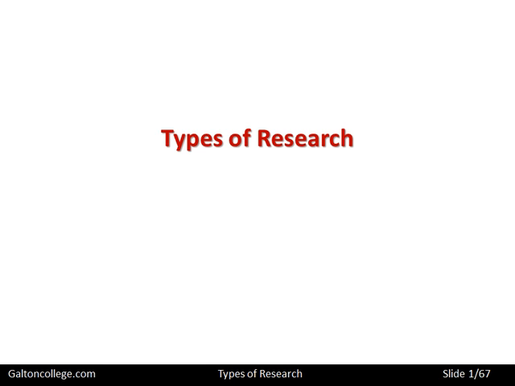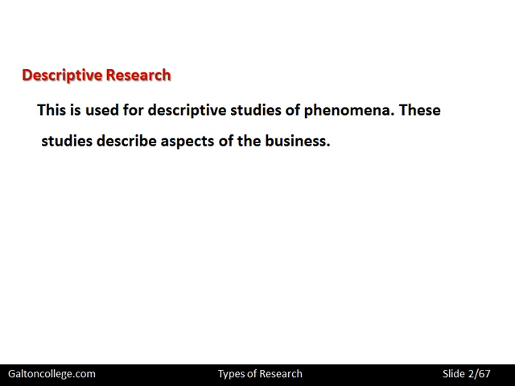So let's start by looking at the different types of research. First of all, there's descriptive research, which, as the name suggests, describes. So it may be a description of production systems in different companies. This could be presented verbally, and it is an account of how, let's say, production takes place in various businesses.